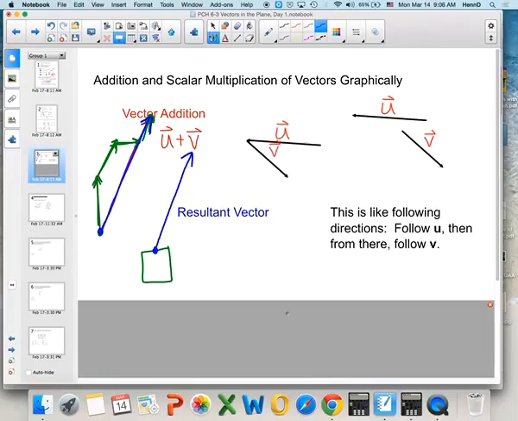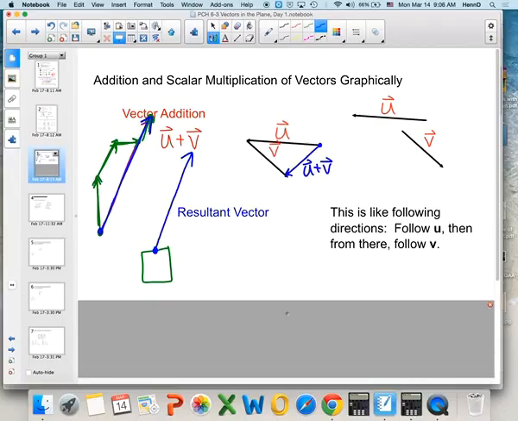When we're talking about a resultant vector, we're saying if we have more than one vector acting on an object, what's going to end up happening? In other words, this is what you're actually going to see take place.